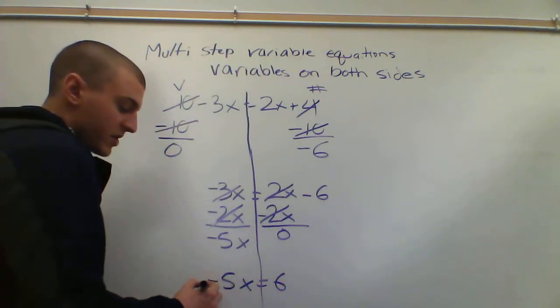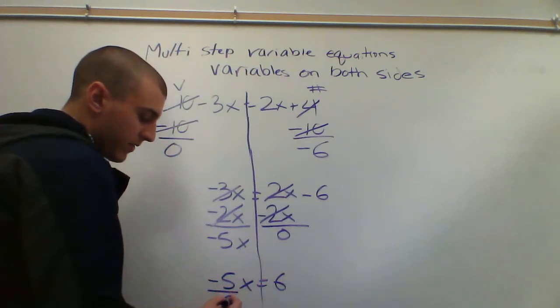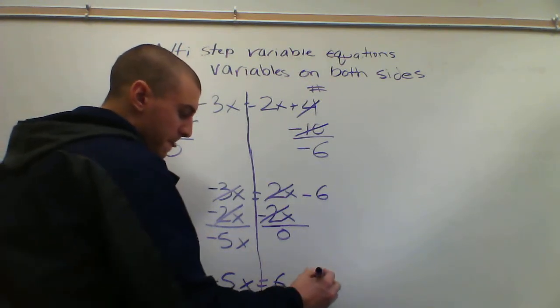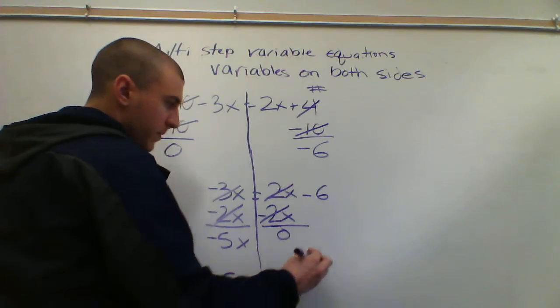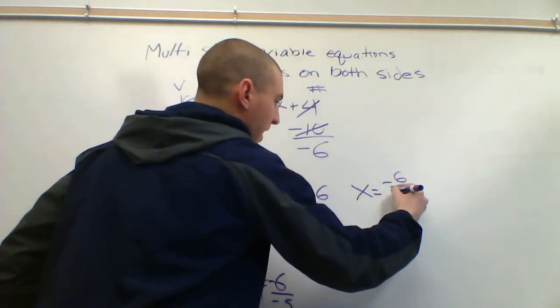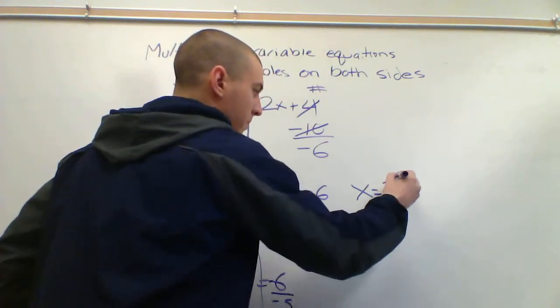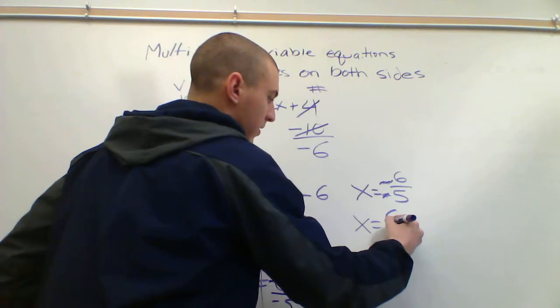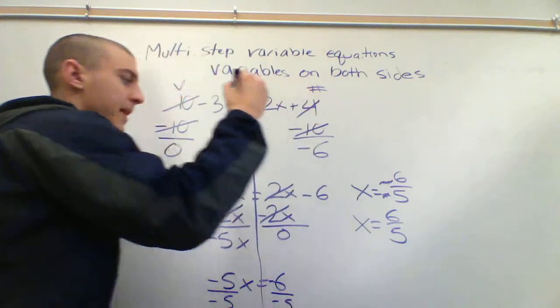We have to make this coefficient 1, so we're going to divide by negative 5. Whatever we do on one side, we do on the other. Divide by negative 5. Oops, sorry, this was a negative 6. And we are left with x equals negative 6 over negative 5. These two negatives cancel each other out. You end up with x equals 6/5.